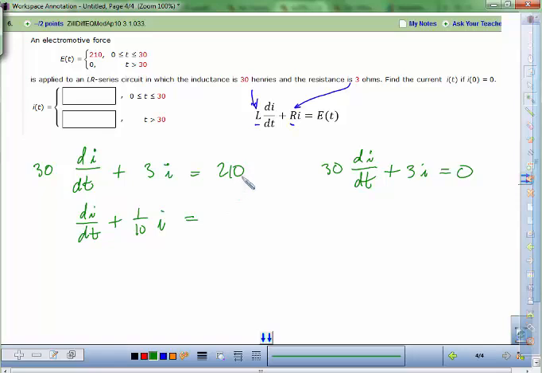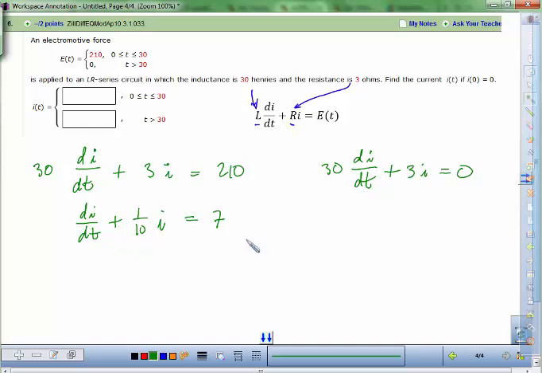Is this 70? 7, right? And so this is actually, we can look at it as a linear. It's a separable differential equation, but since it's already looking like a linear differential equation, let's approach it that way.